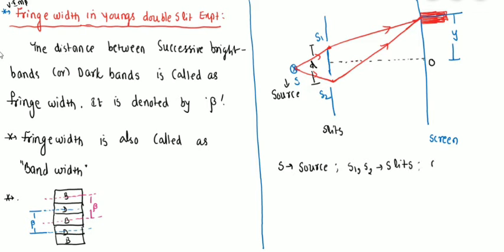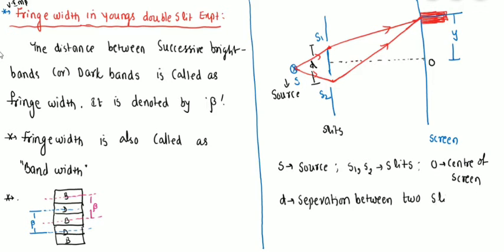O is the center of the screen. What is small d here? Small d is the separation between the two slits. What is capital D here? You see, capital D is this one.